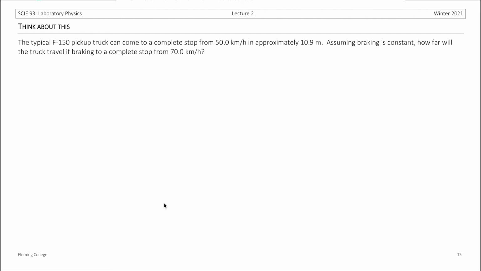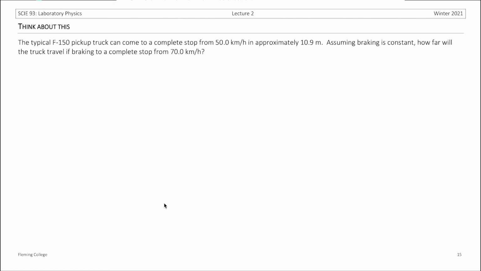I'm leaving you with an additional think about this problem. So on top of thinking about my doomed egg, I want you to consider that the typical F-150 pickup truck can come to a complete stop from 50 kilometers per hour in approximately 10.9 meters.